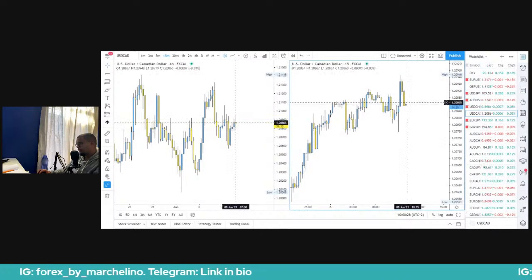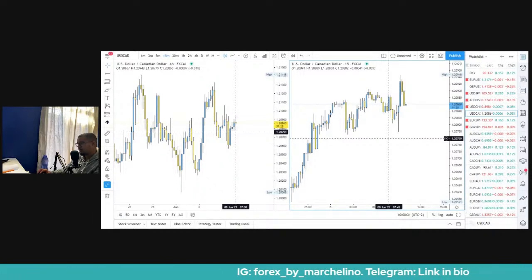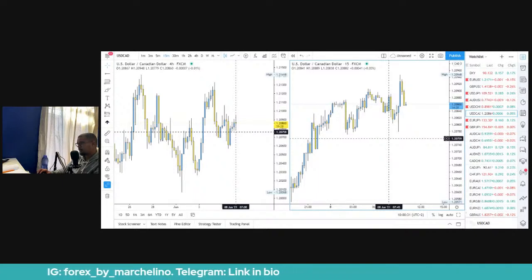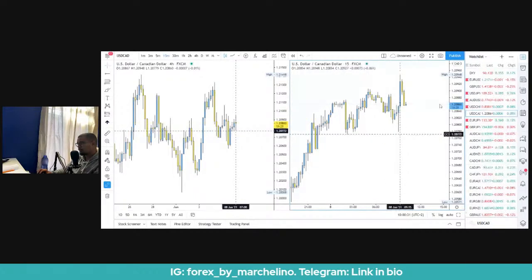USD CAD 15-minute closing very strong bearish. Surprisingly, why would it do that?